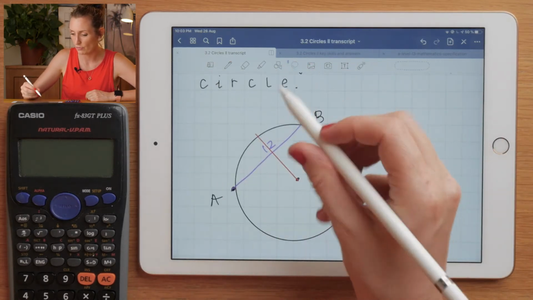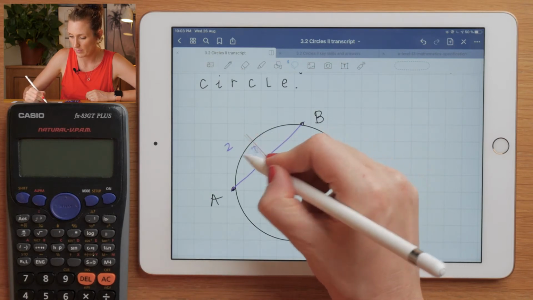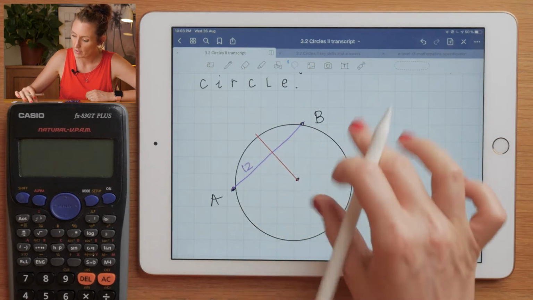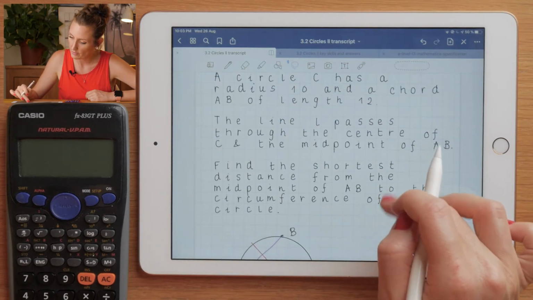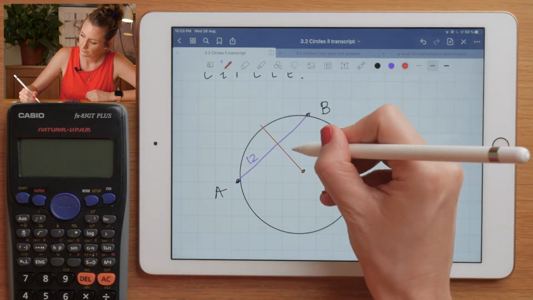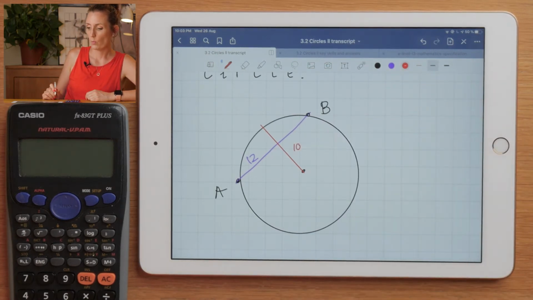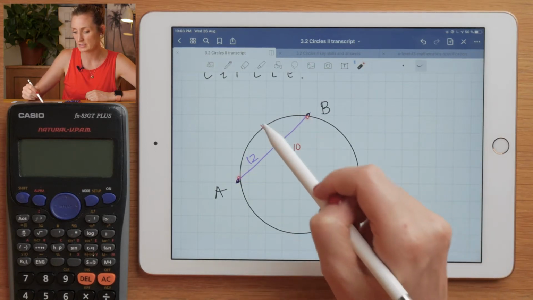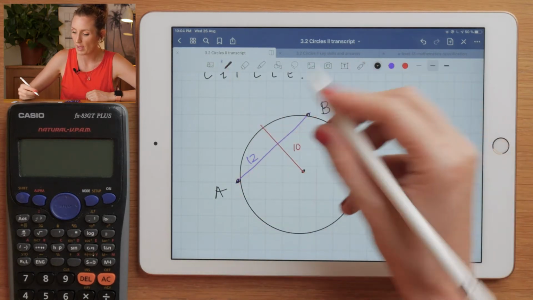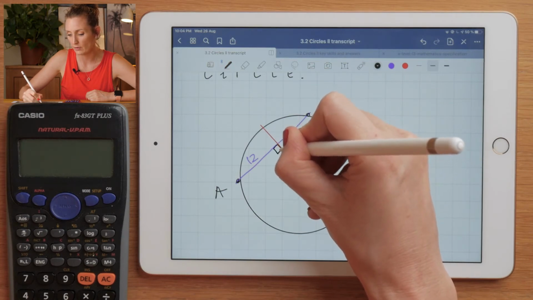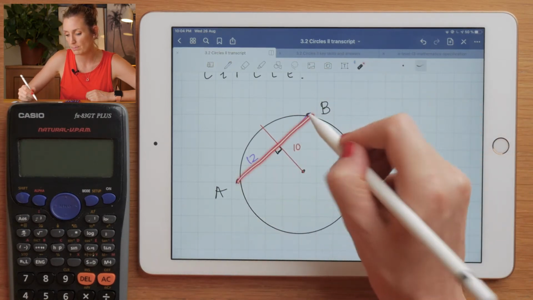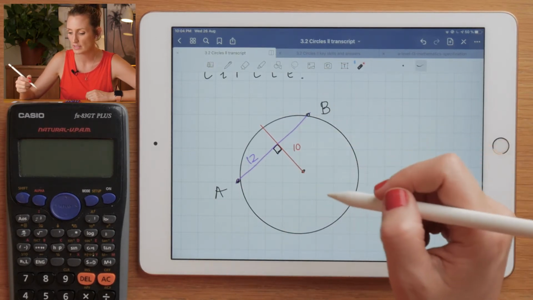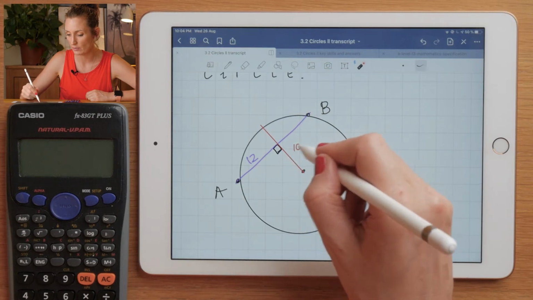Now, we know from what we've learned today that this purple length is 12, and we know that the radius is 10. If it's in the middle where the radius and the chord intersect, that implies there is a right angle here because it's been bisected. The chord AB has been cut in half by the radius, so there needs to be a 90-degree angle there.